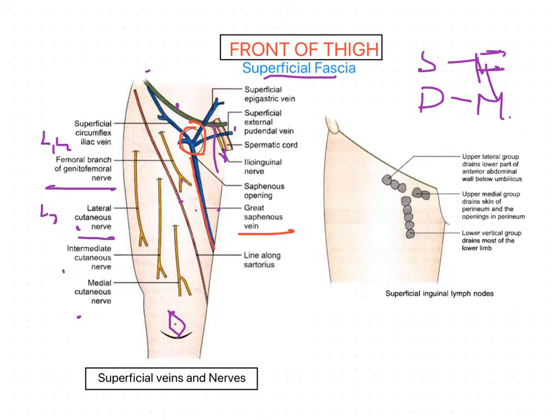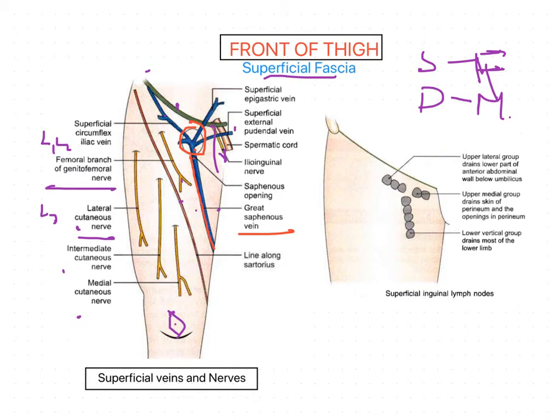This vein is going to pierce the cribriform fascia, and here it receives three tributaries.